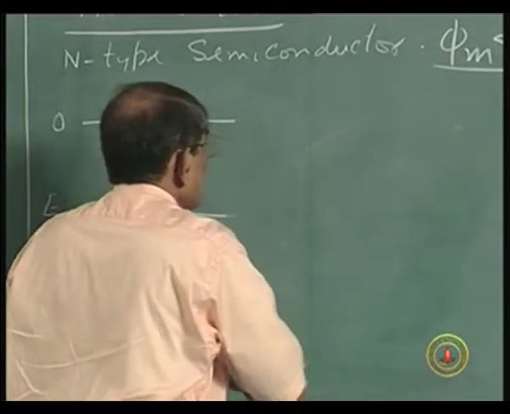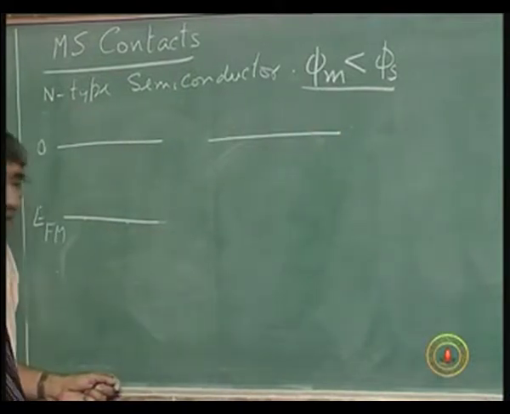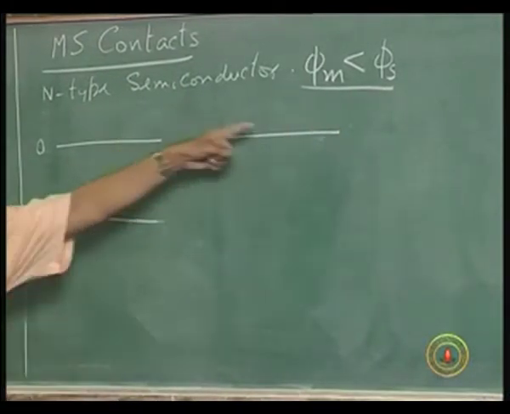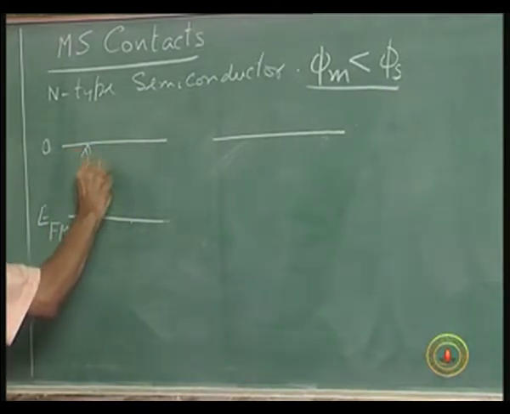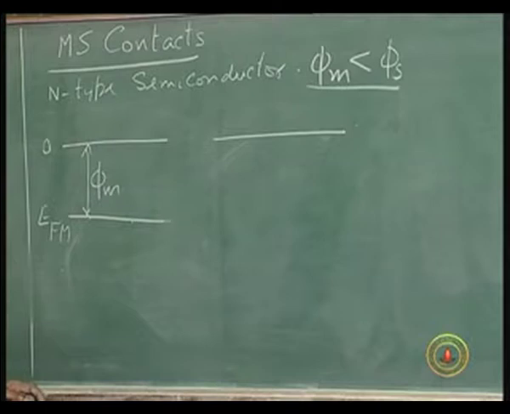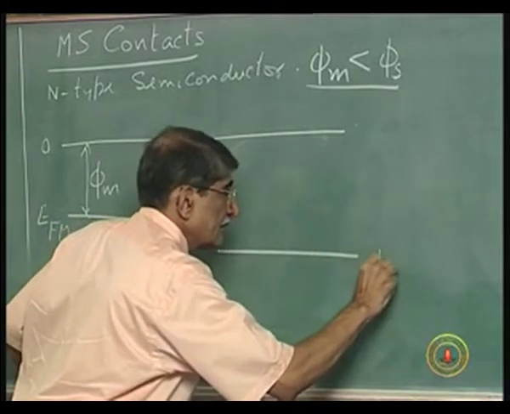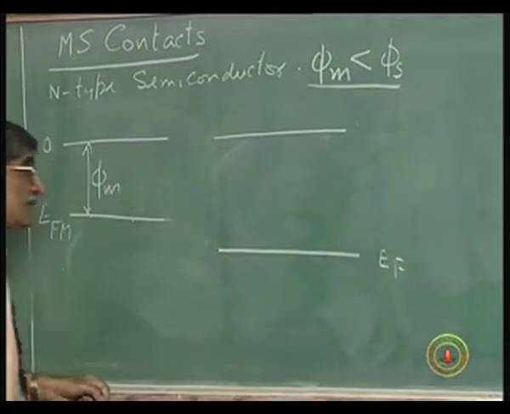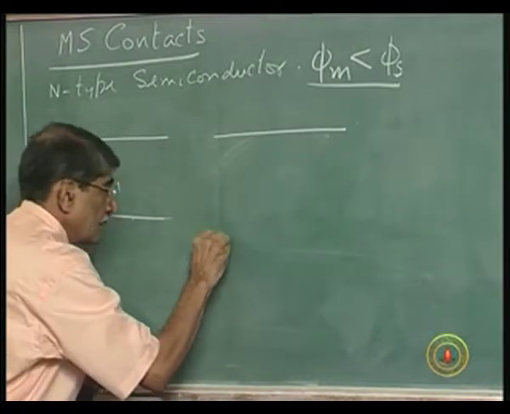Before contact is made, 0 level, phi s is larger than phi m. That means Fermi level there is much below. So, somewhere here, let me put it somewhere here, E f, and it is n type material. Let me just draw it slightly closer.